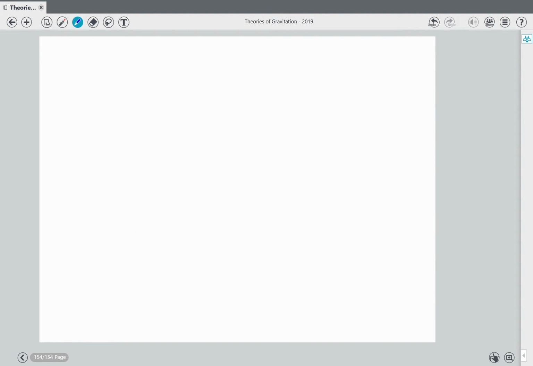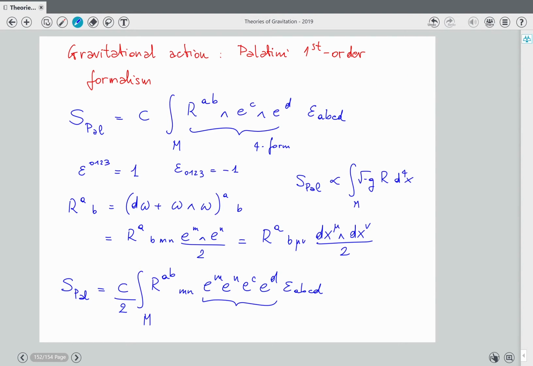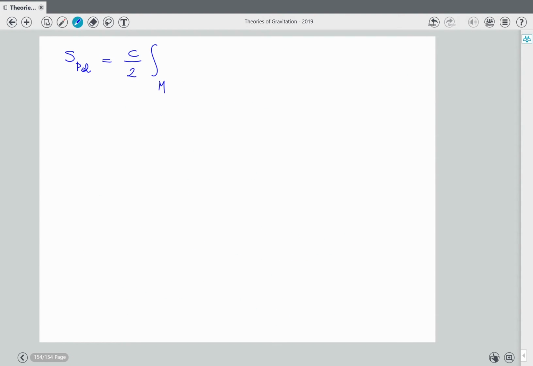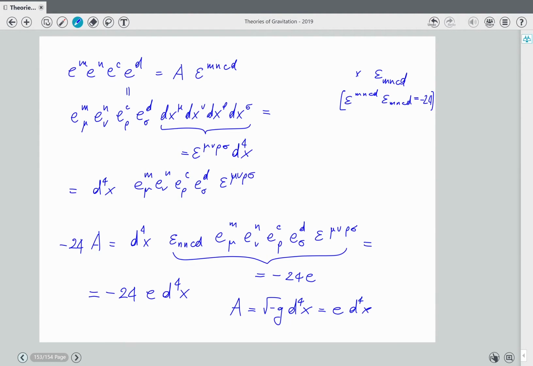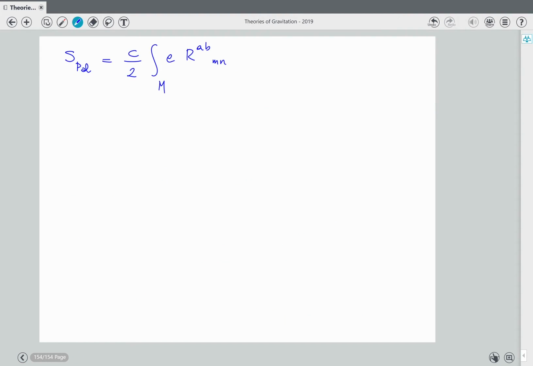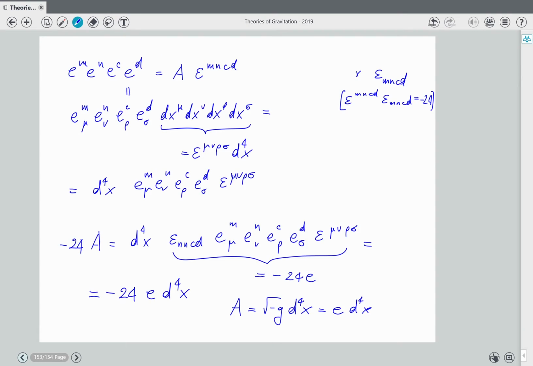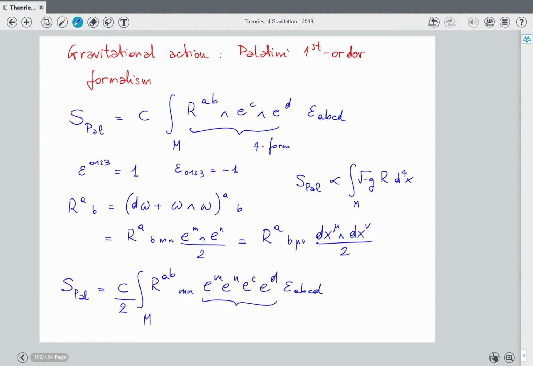So, Palatini action is c divided by 2, integral on M of R^{ab}_{mn}, say E, we can write it there, ab mn epsilon mncd, and then the other epsilon abcd.